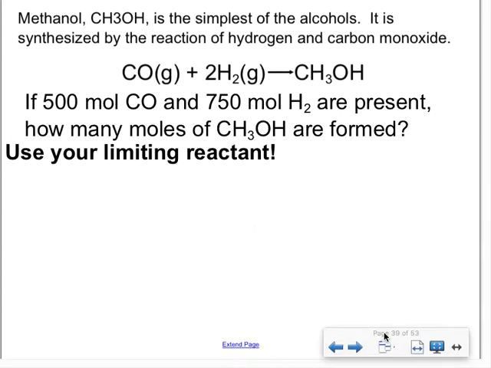All right. Let's say, same problem here, but they want to know how many moles of methanol, CH3OH, can be formed. Now, any question that asks how much can be formed, you want to use your limiting reactant always, because if you use your excess, you're going to be wrong.